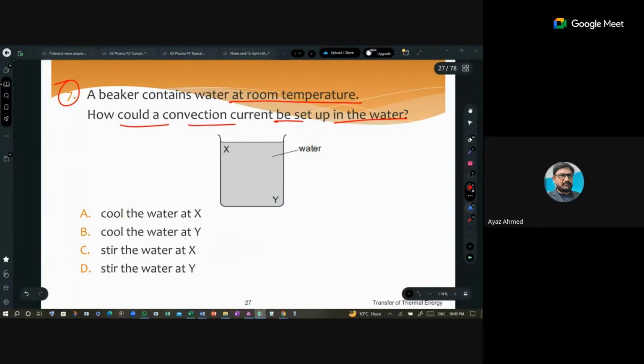So first I will give a chance to Ariba. Sir, please let me read it once. Yeah, you can read it once, twice even. Shabash, carry on.